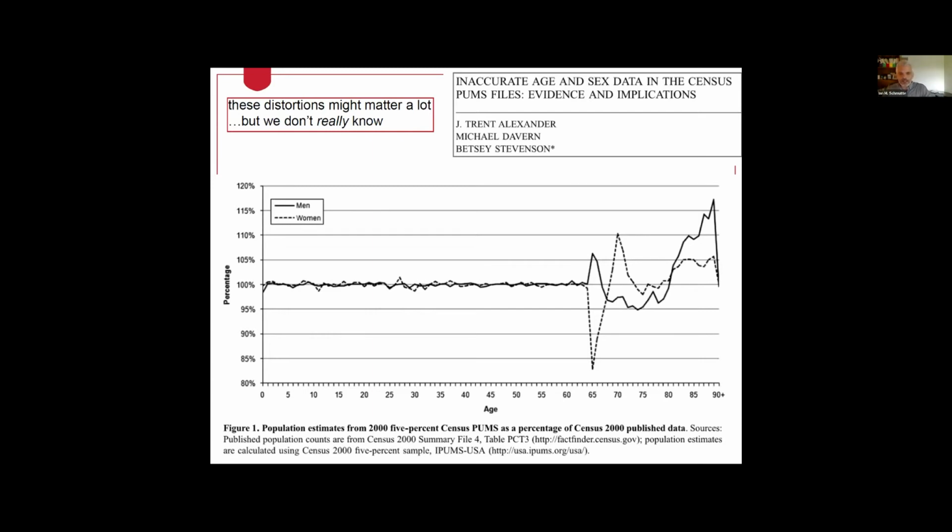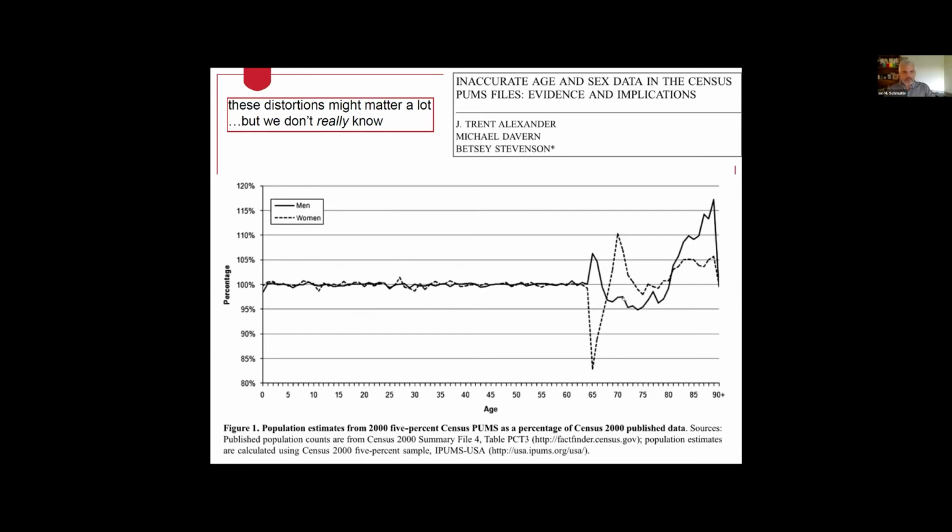It's not entirely clear what's happened here, other than that we know, according to some technical notes, that this is due to some kind of misapplication of privacy protection mechanisms in one or both of these sources.